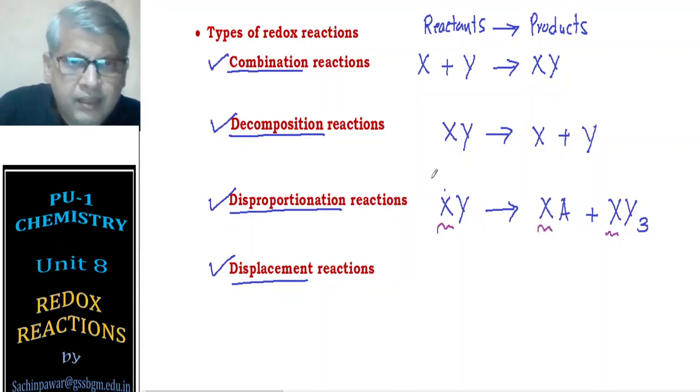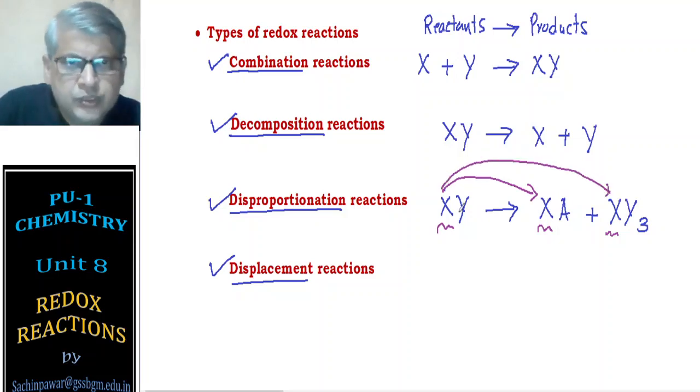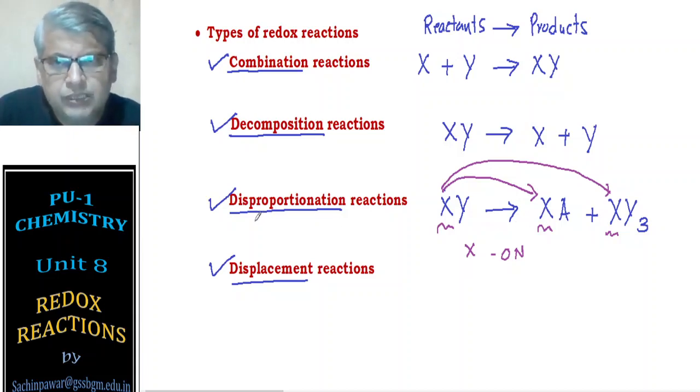X will change into some other species, so X is changing its oxidation numbers, changing into different oxidation numbers. We shall come back to this disproportionation reaction with an example.